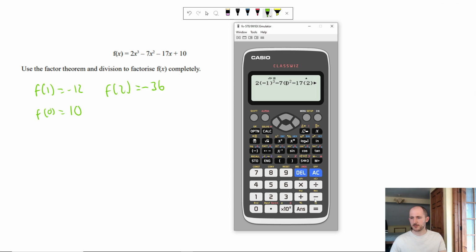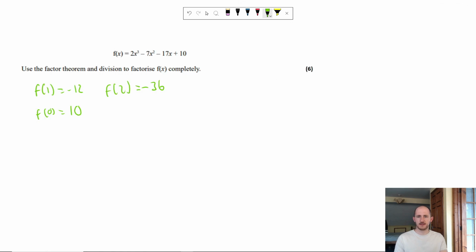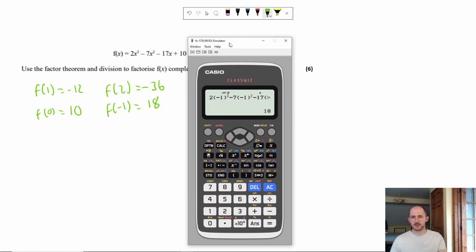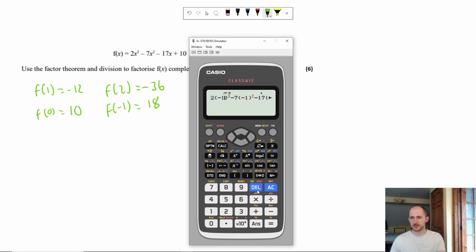That gives me 18. And lastly, let's try f of minus 2. Don't forget this will be a bit parabolic. And that gives me 0. Perfect.